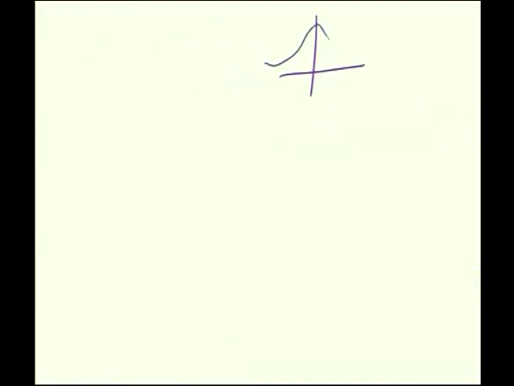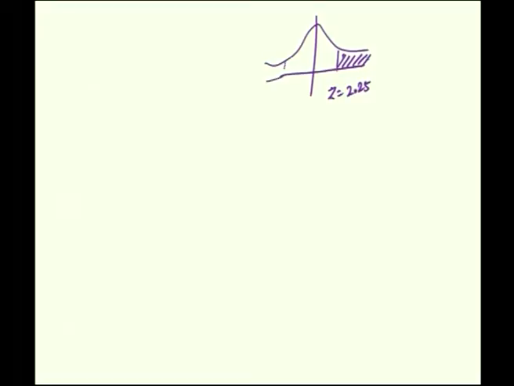Draw the diagram. We want the area for Z greater than or equal to 2.25. Why is it 2 times? Because it is a two-tailed test, both sides have to be shaded. Actually Z is minus 2.25, or it is equivalently written as 2 times P of Z greater than or equal to 2.25.